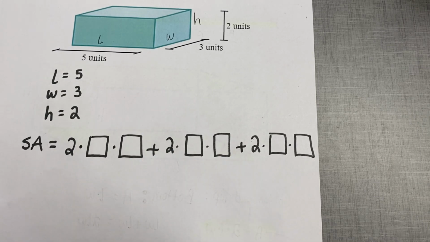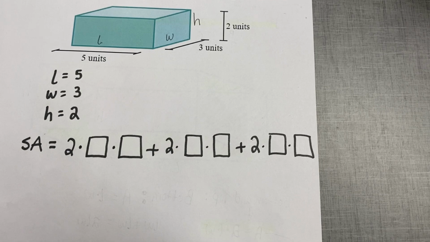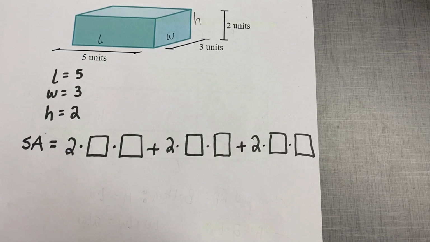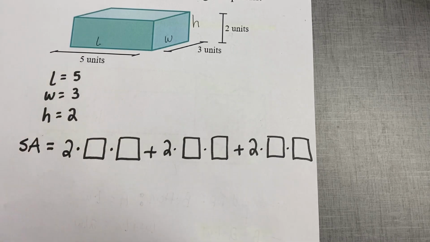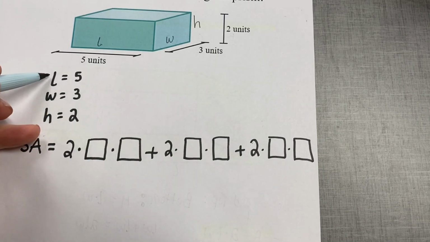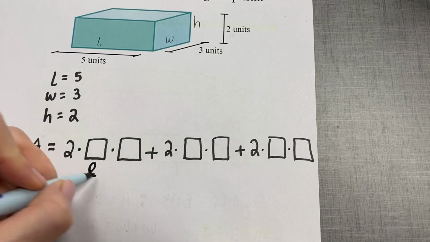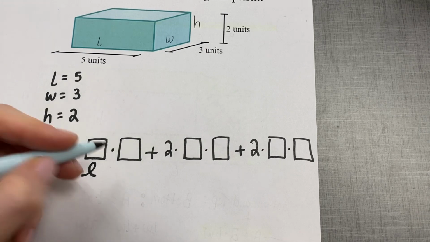Now, here's my next trick, if you want to call it a trick. If you're looking at the formula, that's fine, because you can just fill it in. But if you would lose your formula sheet or not have it, I always do it like this. This guy right here, I always start at the top, L, and then I put him with width.